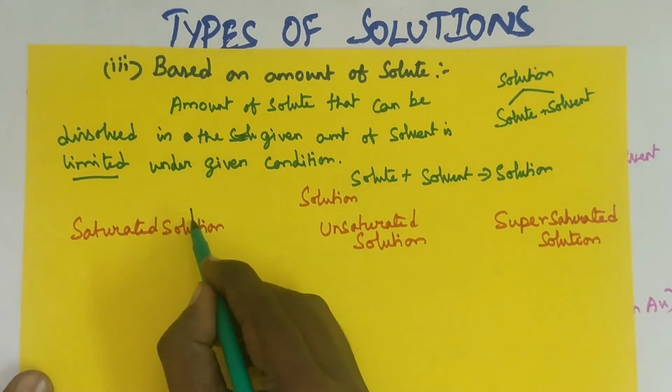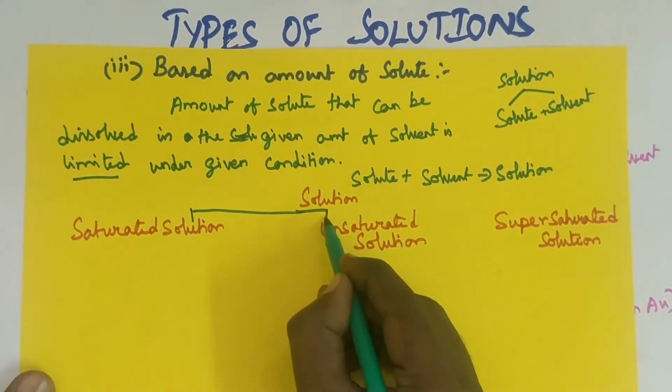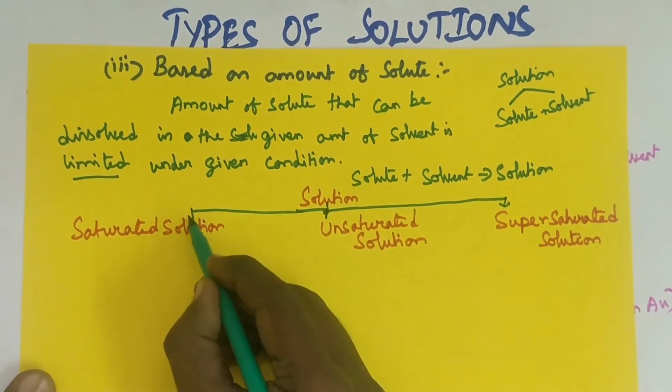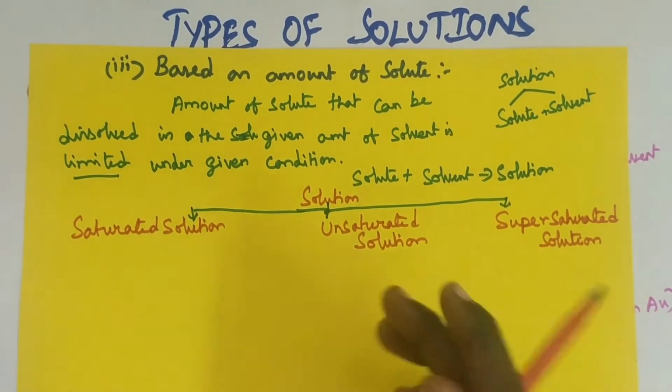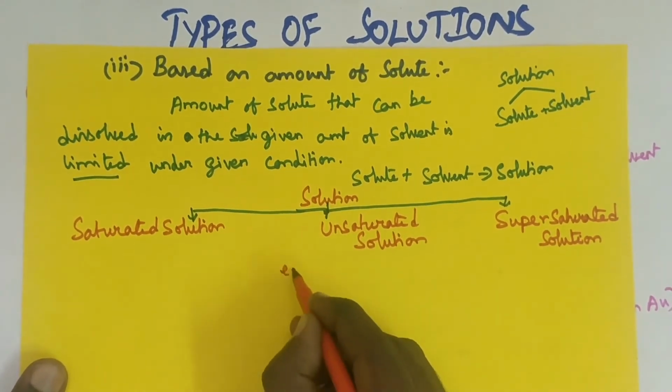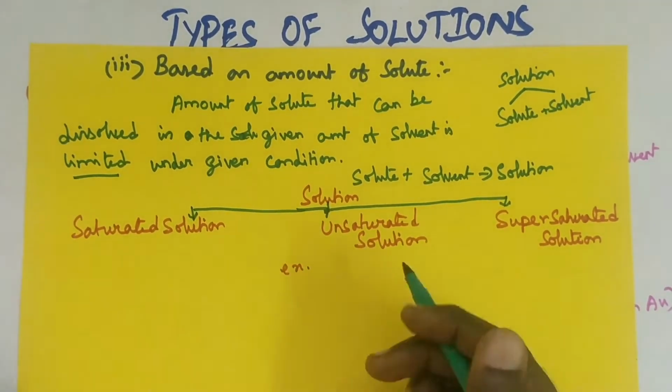So based on this, solution is classified into 3 types. One is saturated, another one is unsaturated, third is supersaturated. So when we are going to see these 3 topics, first you see one general example. Based on this we can see these 3 topics.